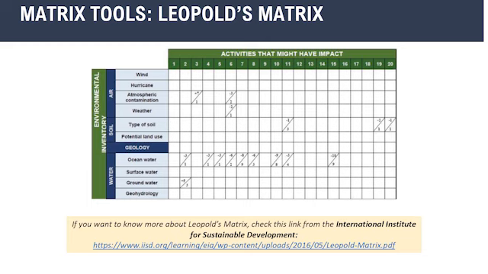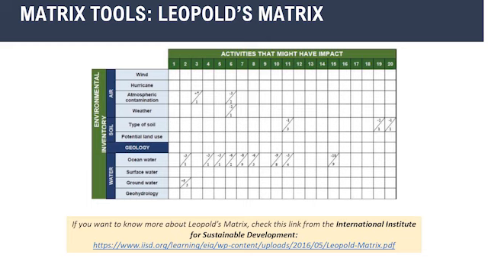So the Leopold matrix is a method that can be applied in an expeditious way. It is low cost and allows us to identify the possible impacts from a vision of the set of possible interactions. It also allows us to compare the different alternatives. It allows us to identify the project actions that cause the impacts of lesser or greater magnitude and importance.